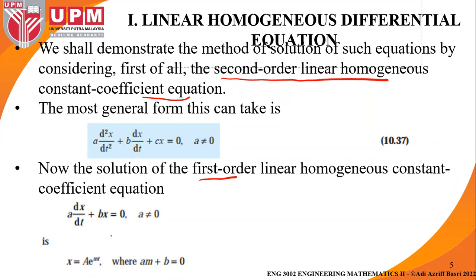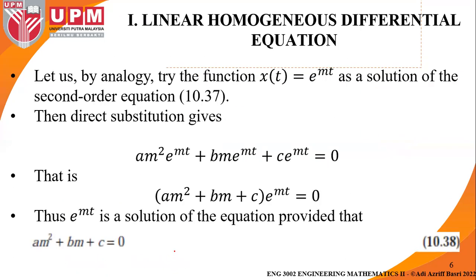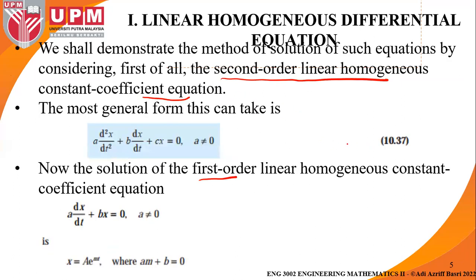The solution is x equal to e to the power mt, where am plus b equal to 0. By analogy, try the function x(t) equal to e^(mt) as a solution for equation 10.3.